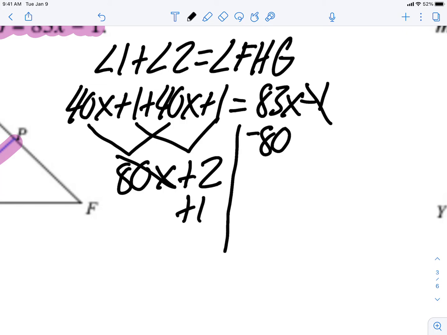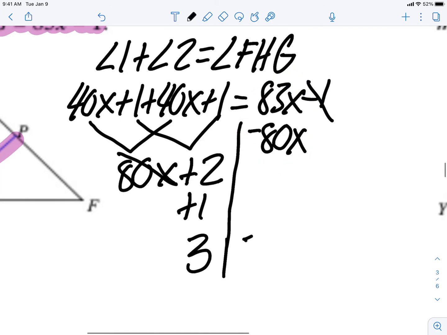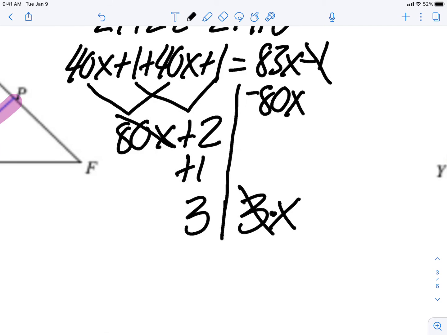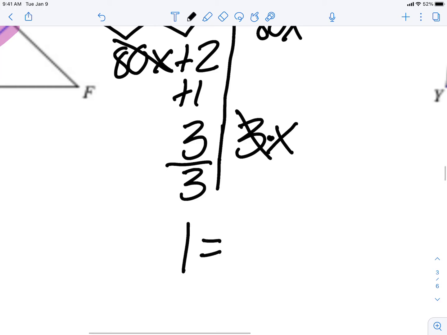So 2 plus 1 is 3. 83x minus 80x is 3x. The opposite of multiplying by 3 is dividing by 3. So I get 1 is equal to x.